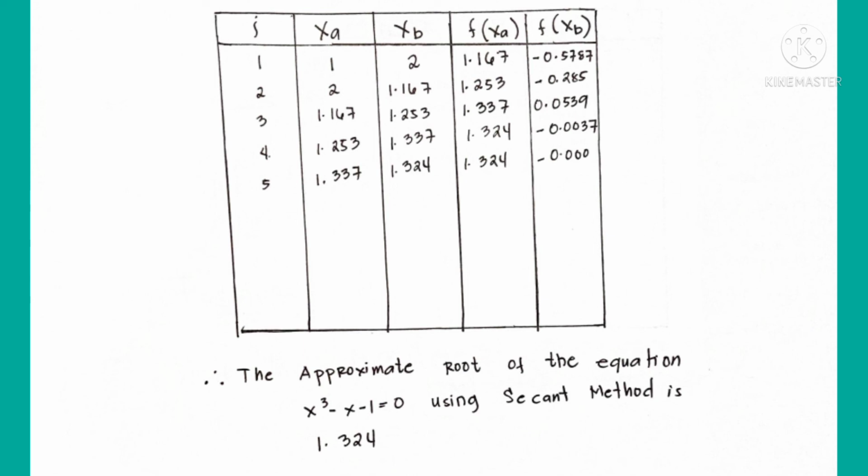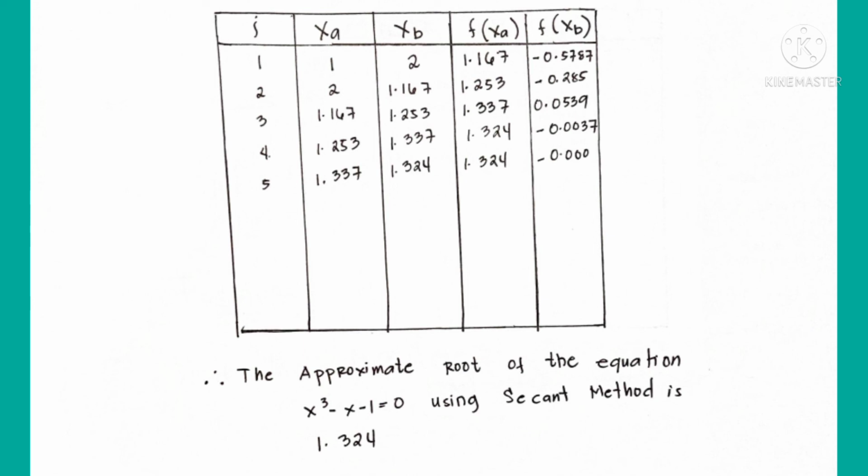On the third iteration, we are going to repeat the process that we have done in iteration 2. Our xa now is 1.167, xb is 1.253, the new x is 1.337, and the f of xb is 0.0539.